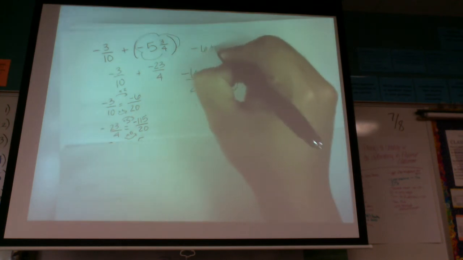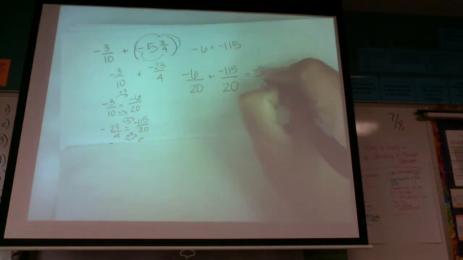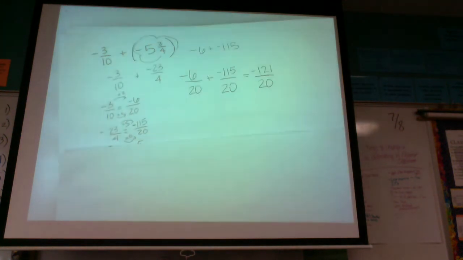Now I have -6 plus negative 115. Well, they're both already negative, so I'm just going to add them together and keep it a negative. So that's going to end up being negative 121/20ths. Now I have to figure out how many whole times can 20 go into 121.